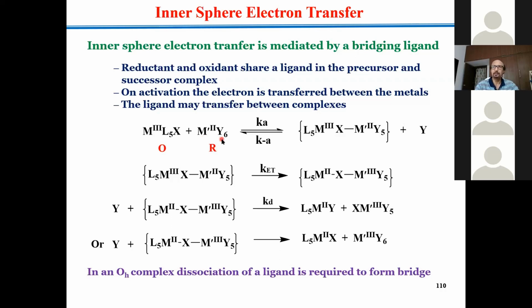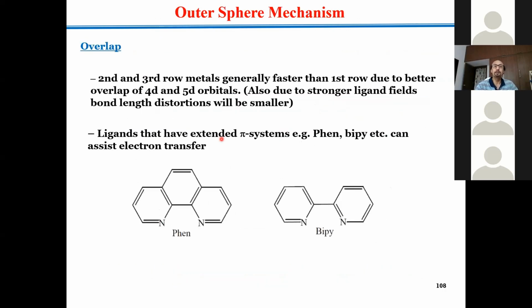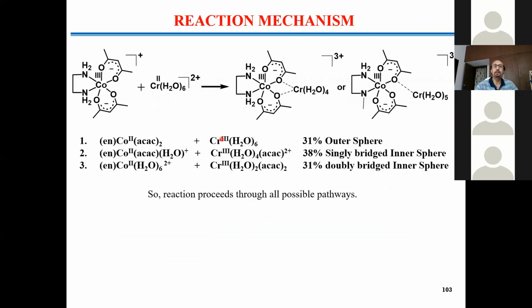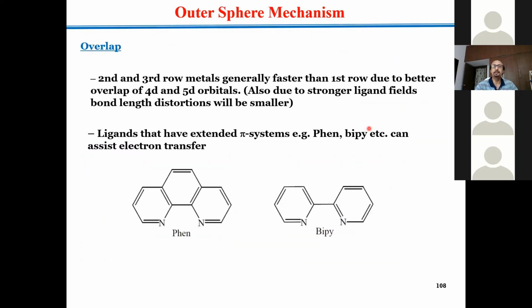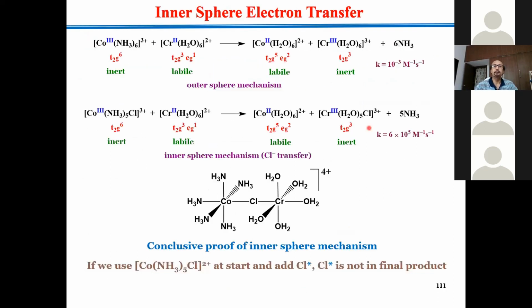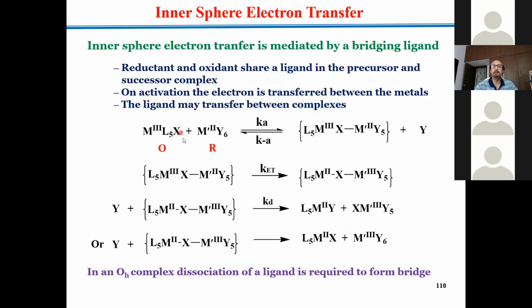Let us assume that for the time being; not necessarily always do you need to have monodentate. You can also have bidentate. For example, this is the case we have talked about, where a bidentate ligand can also form the bridge. But normally monodentate is better to understand easily. So that's why I have considered one monodentate ligand, which is defined by the term X.